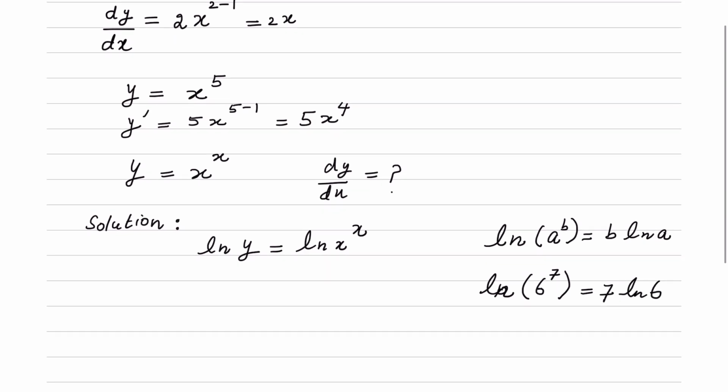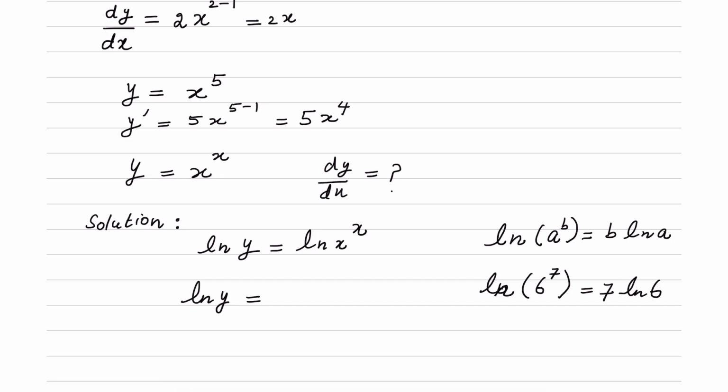Back to our question, ln y is equal to x ln x, as x comes on the side by the log property. So first you take ln on both sides, then use the log property and then differentiate this expression with respect to x, because you have to find dy by dx.